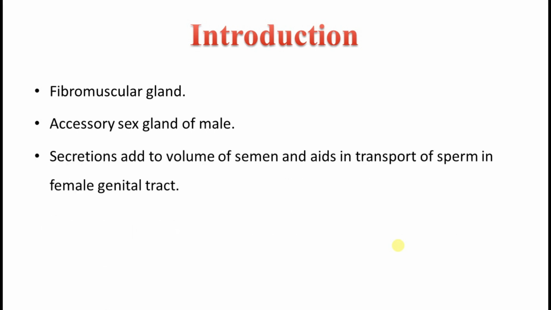It is also believed some striated muscle is present within the prostate. It is an accessory sex gland, and the main function of the prostate is that it adds volume to the semen.